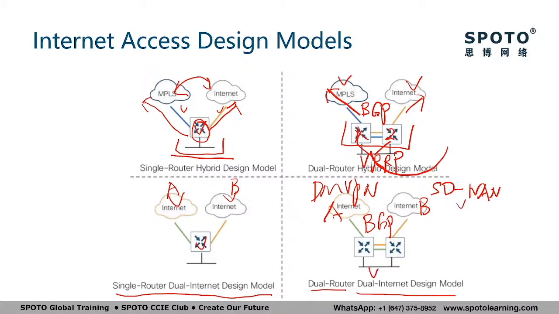At the LAN side, we can run VRRP as well to influence the traffic. If one fails, the other will take over and the traffic still flows. This is the idea about the internet access design model.